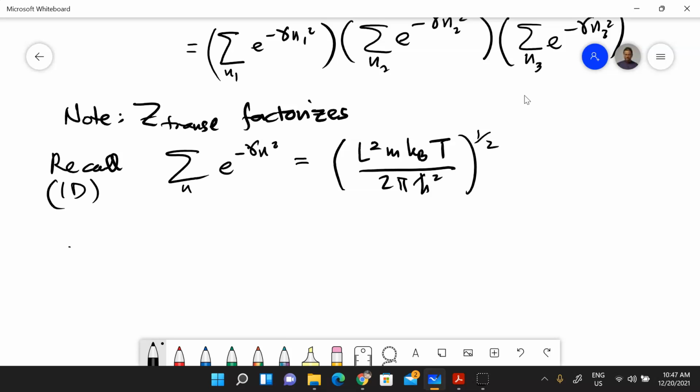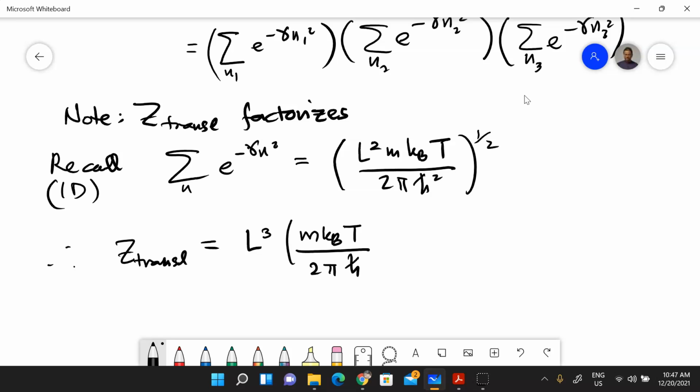Then the z translational for the 3D case will be, bringing the L cubed out, m kBT divided by 2 pi h bar squared, and since it's been multiplied 3 times, I will have the power of 3 over 2.